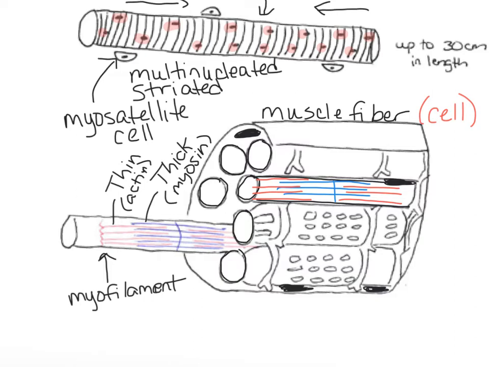It's just protein. So each nucleus can make more of those. So if you start exercising and you're lifting weights and you're building muscle mass, you're not making more muscle cells. You're just making more of these thick and thin filaments, and you're making your muscles bulge out because they have more filaments in them. Okay.